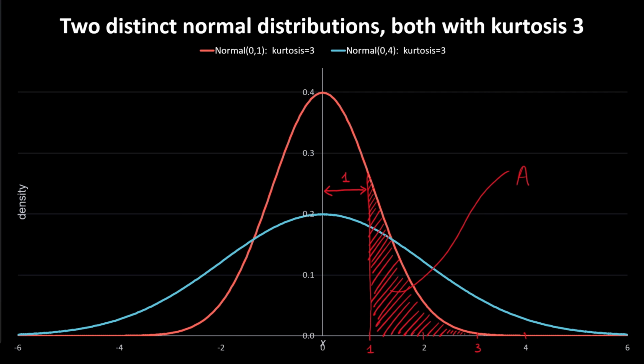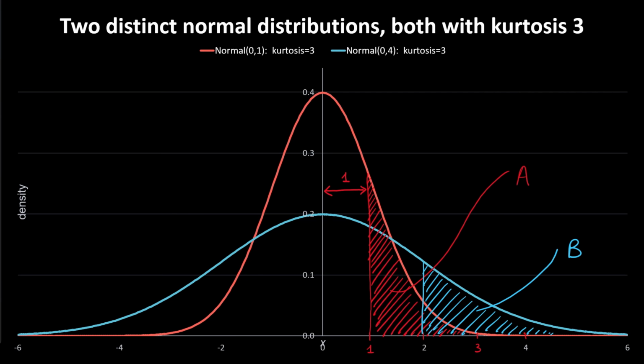Now suppose that we're interested in the analogous event for the random variable that has the blue distribution. So the analogous event here is that the random variable with the blue distribution takes on a value greater than one standard deviation above the mean.